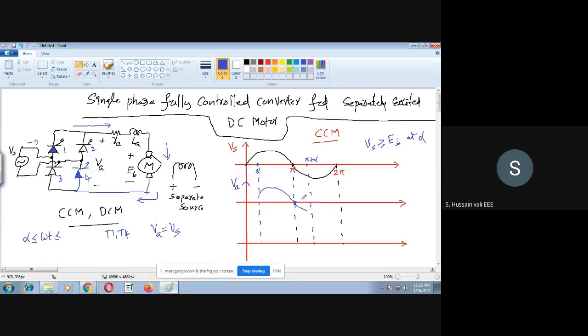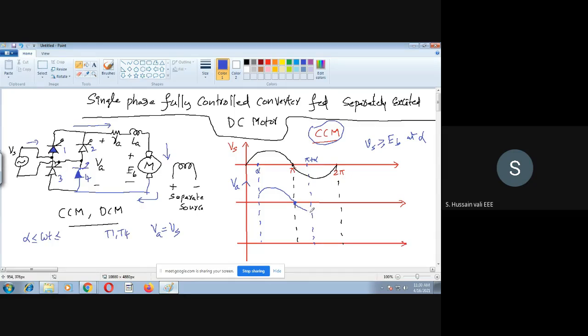Now the question is, how long will this situation continue? As we took the case of continuous conduction, we will consider that 1 and 4 continue conducting till pi plus alpha.